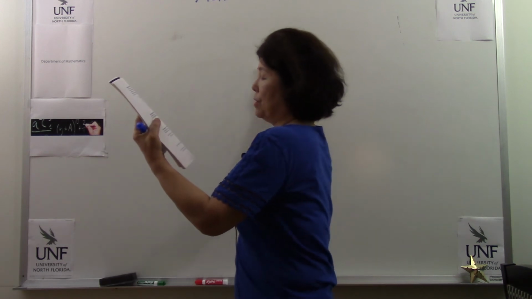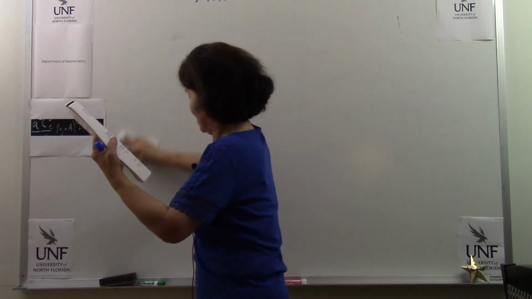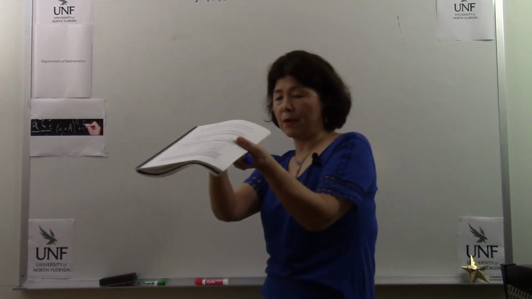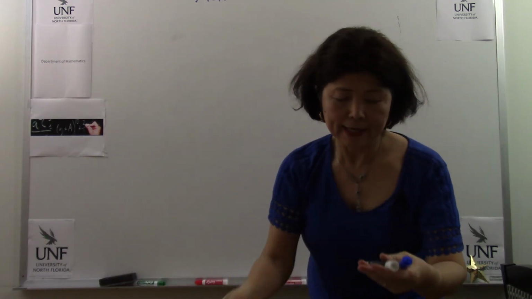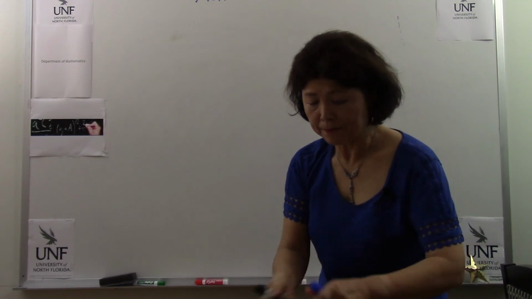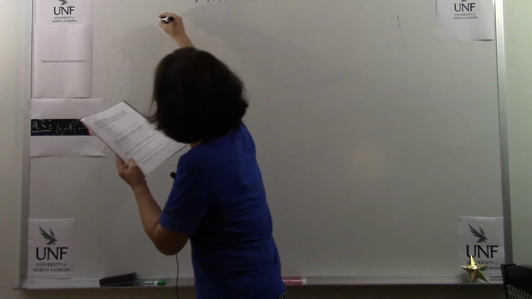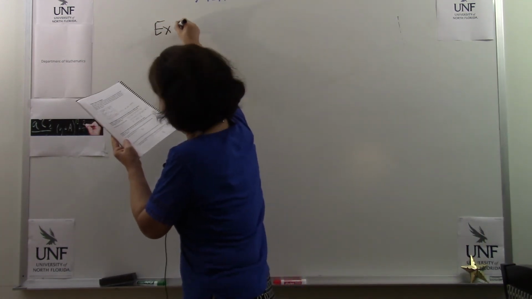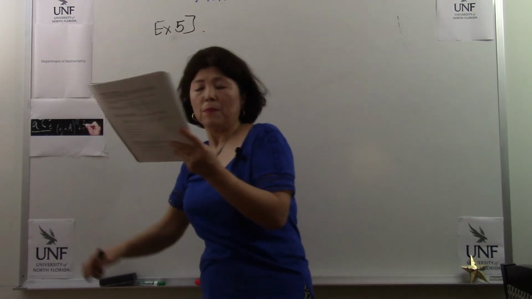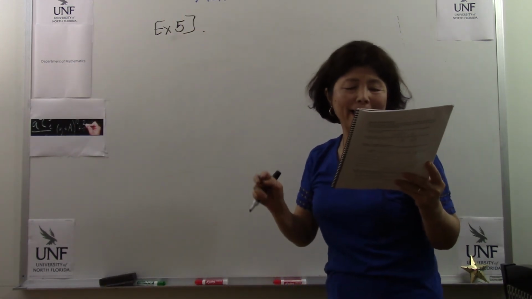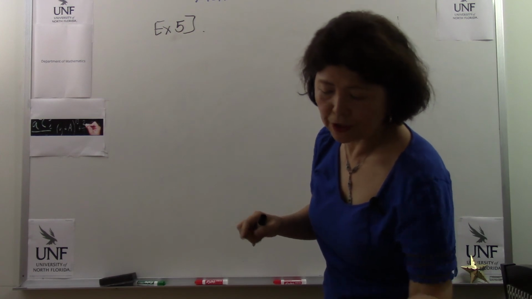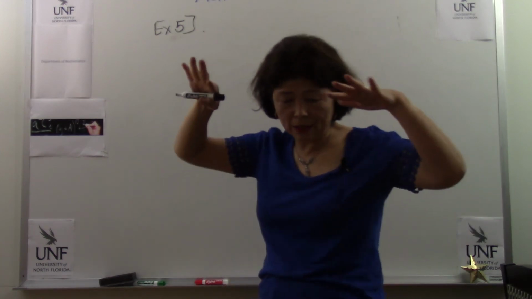Probability associated with the roll of a pair of dice. It sounds familiar? Yes, you did some problems like this before the exam. So example 5. Suppose that we roll a red die and a green die and observe the numbers on the sides that face upward.